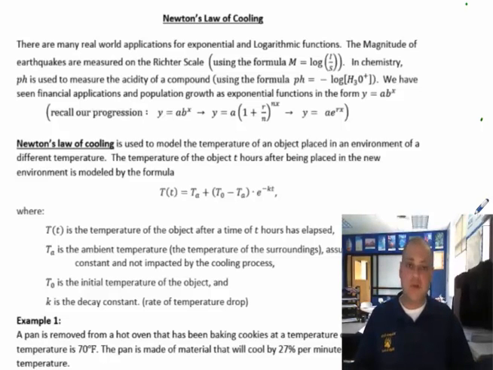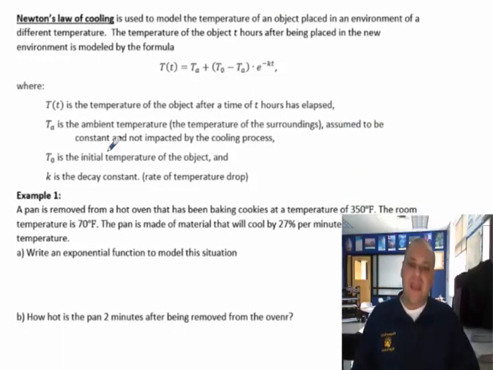Now the room temperature is only 70 degrees, 68 degrees, whatever. Eventually, that hot chocolate is going to cool down to the room temperature. If you're outside and it's 20 degrees, you take that hot chocolate outside, it's going to cool down even faster based on the surrounding temperature.